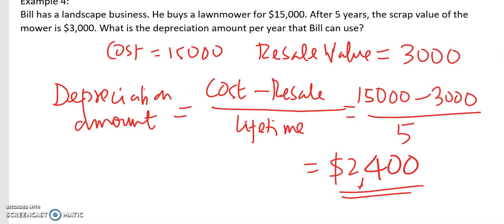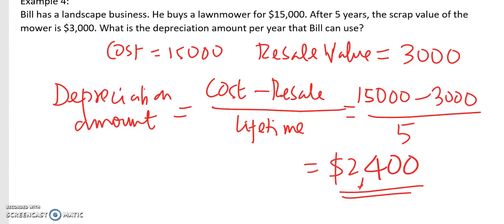2,400. So Bill can depreciate or deduct $2,400 of his taxes from the lawnmower. So if he buys a lawnmower for $15,000, for each year he can pretty much deduct $2,400. And this is after the scrap value of 3,000.